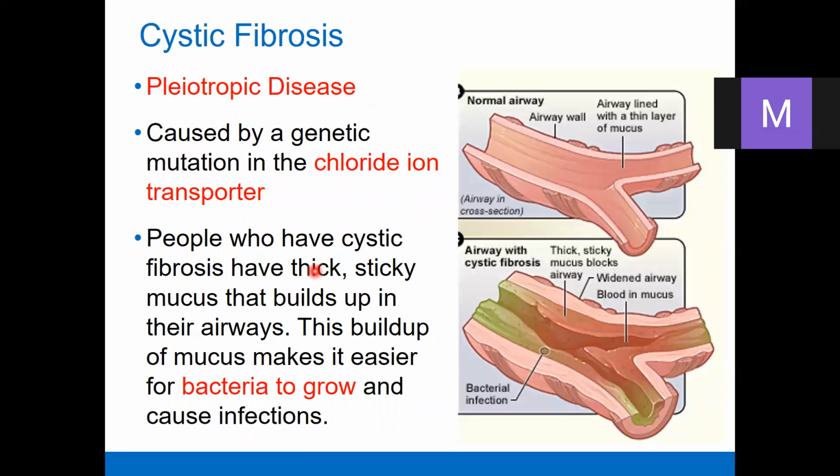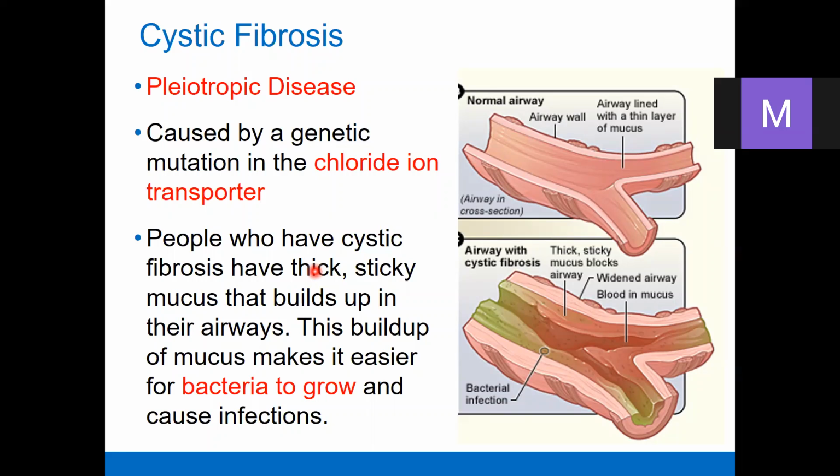And cystic fibrosis, which you may be familiar with, is caused by a genetic mutation of the chloride ion transporter, as I told you before.